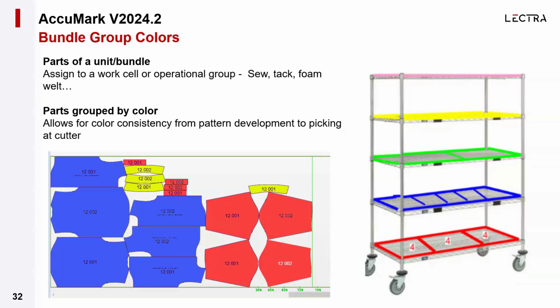So those colors now can be defined in the model, remembered on the next model that you create using the same colors, and then carried all the way through production. Okay, and as I said, the concept of bundle colors is not new to this version, but the idea that you can create and keep those bundle colors that you've created from one model to the next is the new concept.